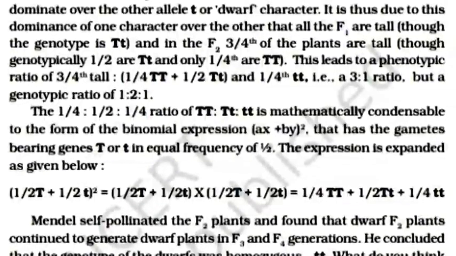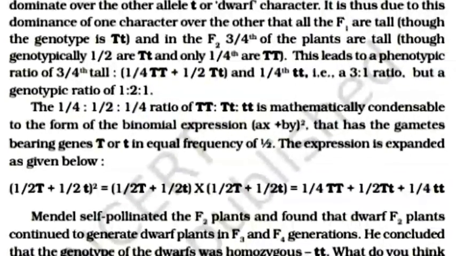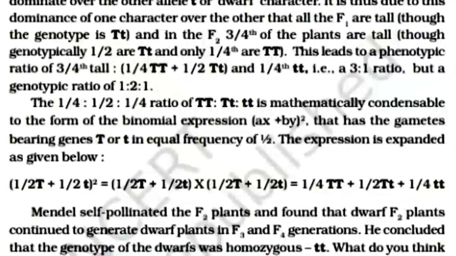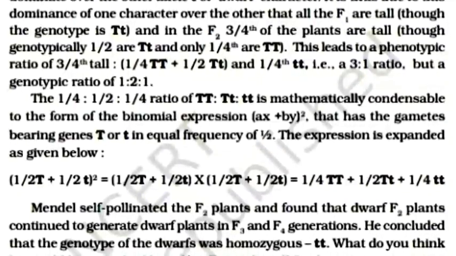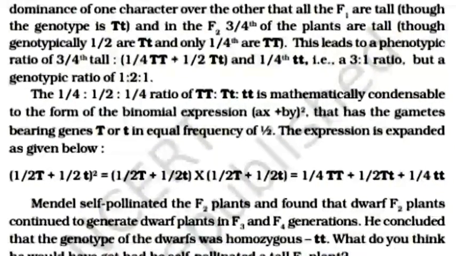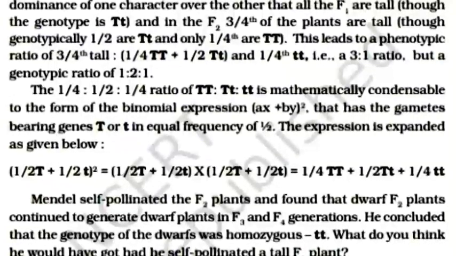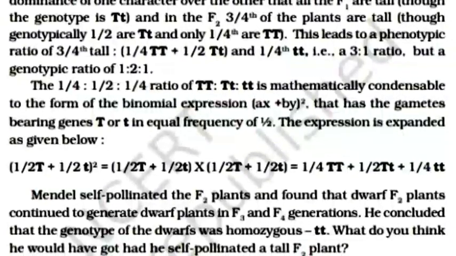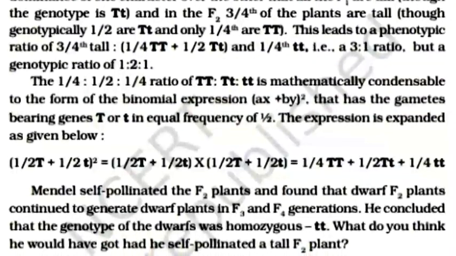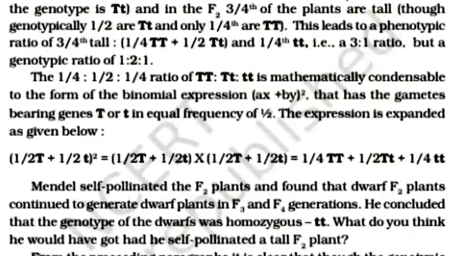This leads to a phenotypic ratio of three-fourths tall, and a genotypic ratio of one-fourth capital T plus half capital T small t plus one-fourth small t. That is a 3:1 phenotypic ratio, but a genotypic ratio of 1:2:1.